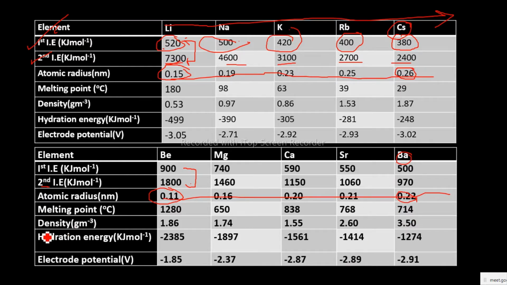And you can compare melting point, density, hydration energies. You should be in position to explain all this data, whether given data or whether the question just says explain how this. That's why I told you that the periodic properties should be at hand, they should be part of it.